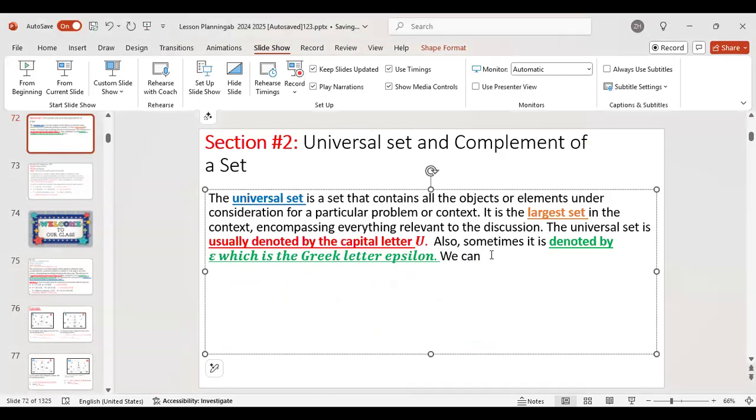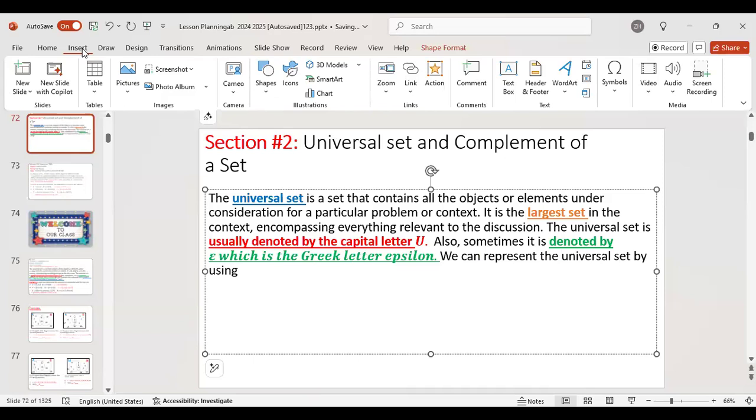We can represent the universal set by using this interesting figure, or notation. We call it xi. So this is xi. Let me write xi for you.